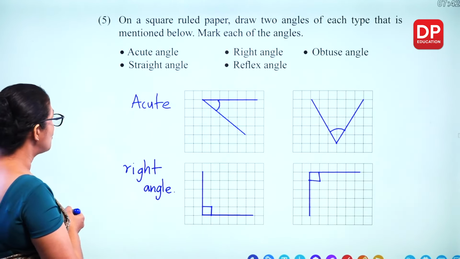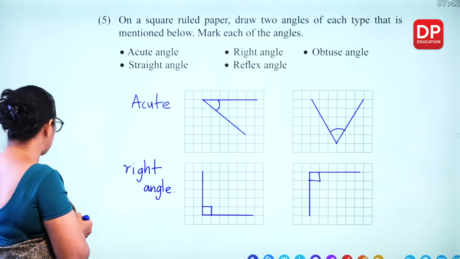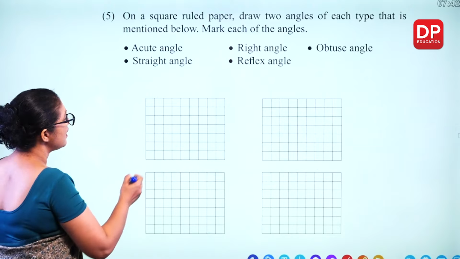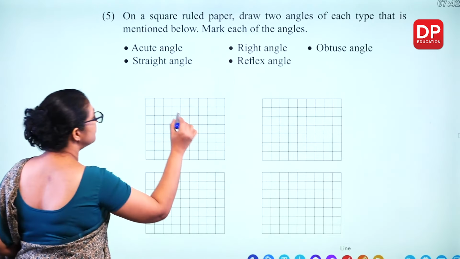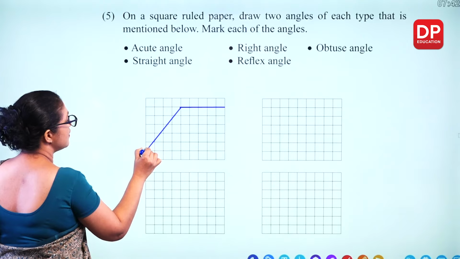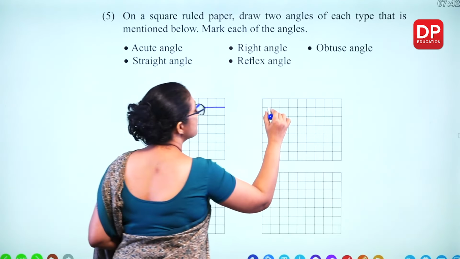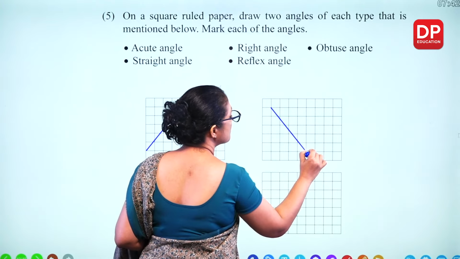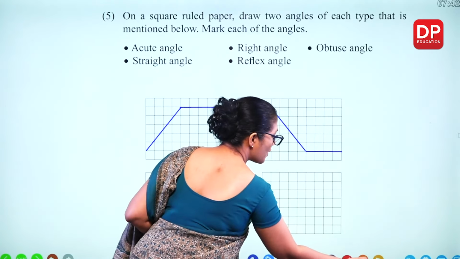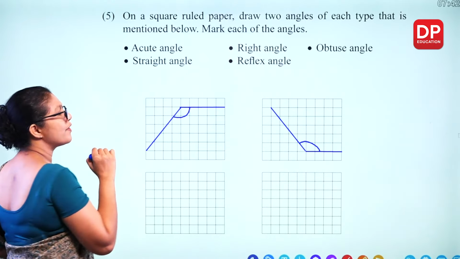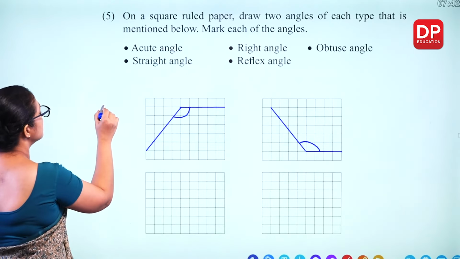And then obtuse angle and straight angle. I'll do the obtuse angle now. More than a right angle. So where's the obtuse angle? This one. More than a right angle.